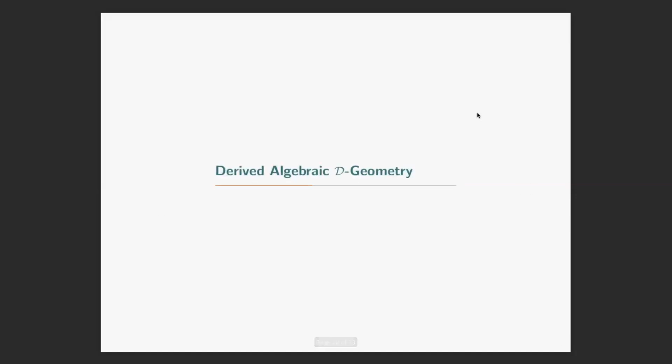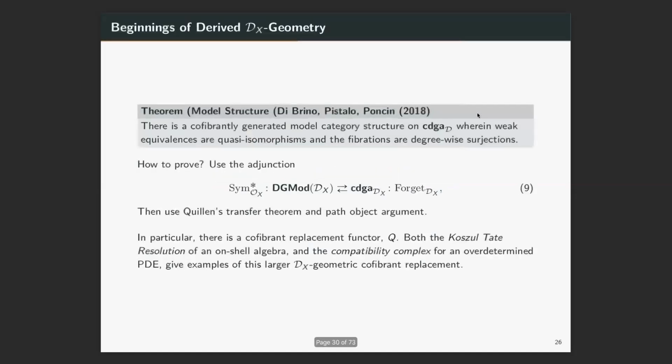Okay, so now we can finally start doing what I promised in this last 2.5 to 3 hours of the lecture. For the last hour of the lecture, we're going to try to go as deep into the derived stuff as we can. The beginning of derived D-geometry is undoubtedly the Beilinson-Drinfeld chiral algebra story.